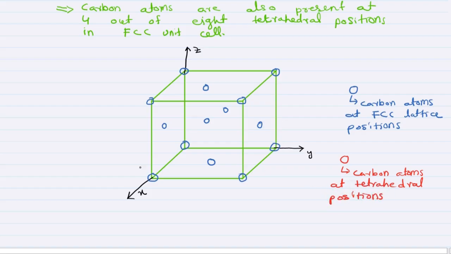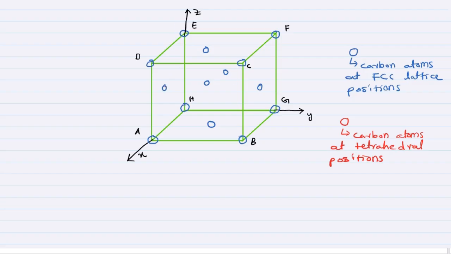position, before placing this carbon atom we will name all the corners. So if this is corner A, this is B, this one is your C, this is D, now E, F, G, H. Before placing carbon atoms, we will identify the tetrahedral position sites.